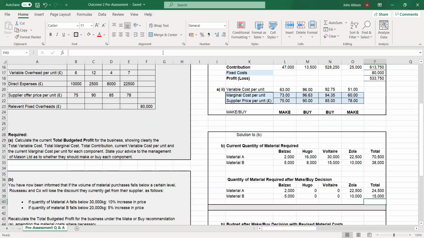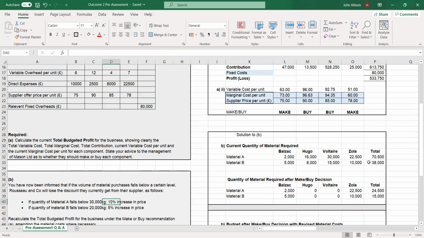So we check then if we're going to lose the discount. We started off with 70,500 kilograms of material A, but we're obviously getting the discount because we're using more than 30,000. Now we're only buying 24,500, so it's slid below the 30,000 mark, which means we're going to lose the discount, and as a consequence, prices are going to rise by 10%.